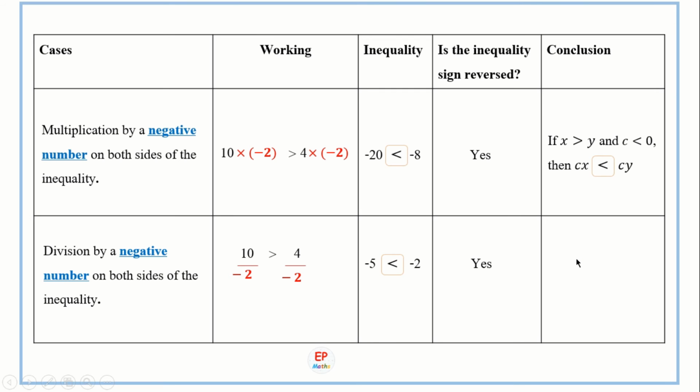How do we conclude? If x is more than y and c is less than 0, then x divided by c will be less than y divided by c. So this actually means that should I divide both sides of the inequality by a negative number, if I had more than, then I will get less than.